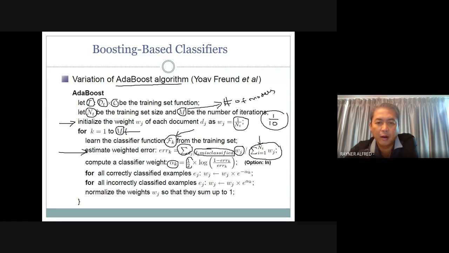So we have 0.5 times log of 1 minus whatever error we have in the previous one, divided by error. You could also use the natural log or log base 2. In this example, we are using natural log.